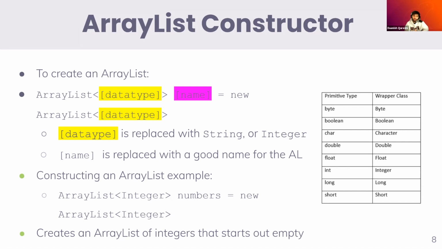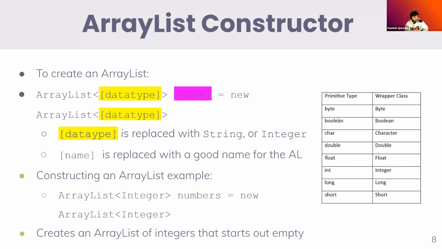And if you want to know why, I think I linked some extra reading below at the end of the slides that'll help you understand why wrapper classes exist and why array lists use them. But for now, you're just going to have to trust me and use that wrapper class instead of the primitive type. Sounds good?